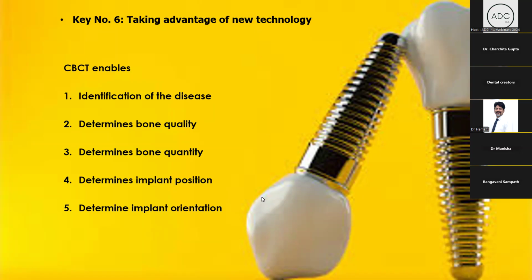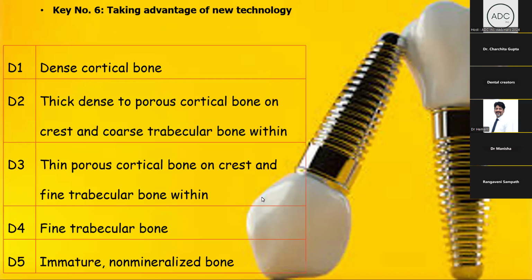So as we have discussed in the previous slide, we have seen D1 type of bone according to Hounsfield values. So D1 is a dense cortical bone, D2 is a thick, dense to porous cortical bone on crust, and coarse trabecular bone inside.